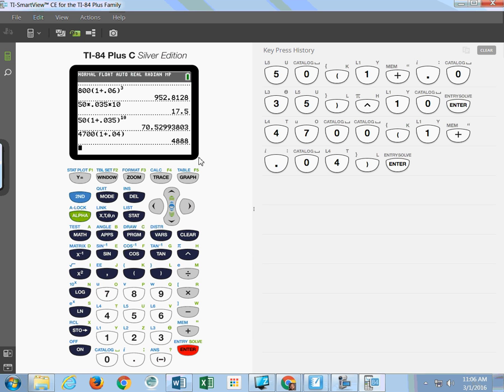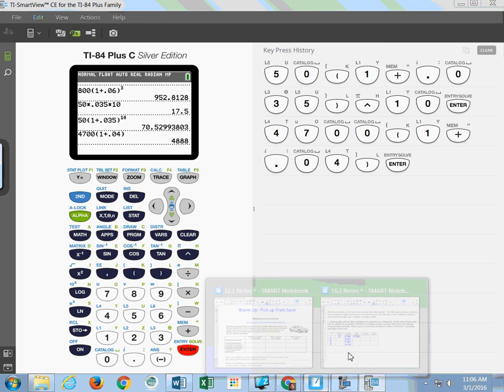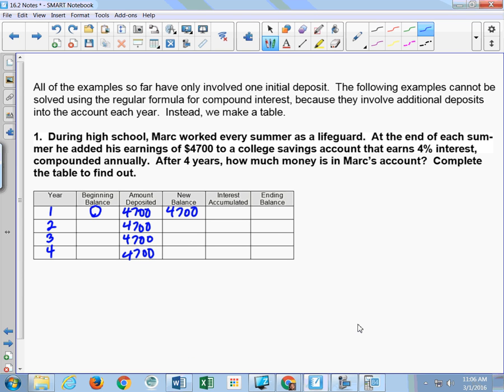Hit enter, 4,888. So this ending balance is $4,888. How do we figure out how much interest he made? We subtract his new balance from his ending balance. So we get 188. His first year, he made $188 just by sticking his money into the account.